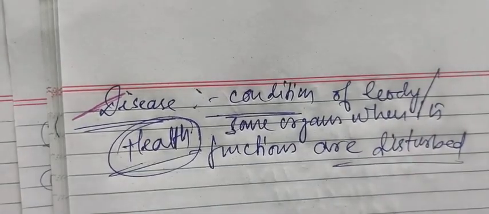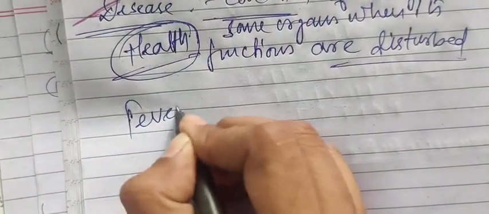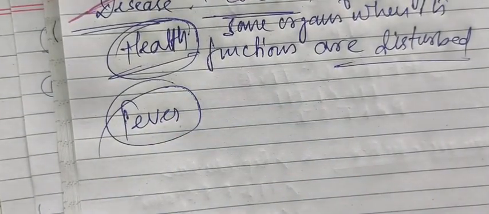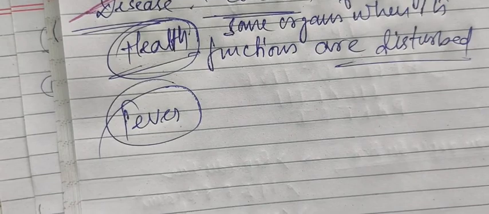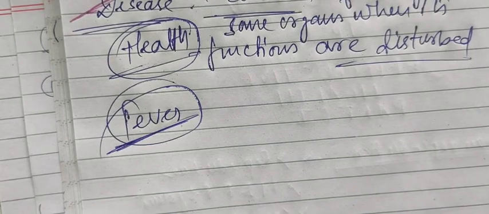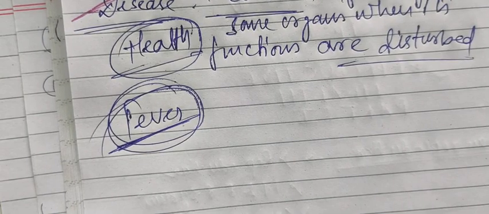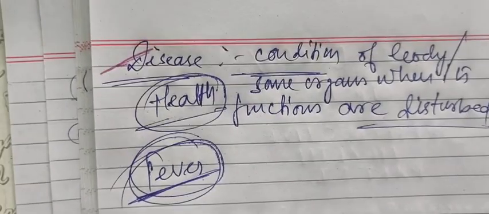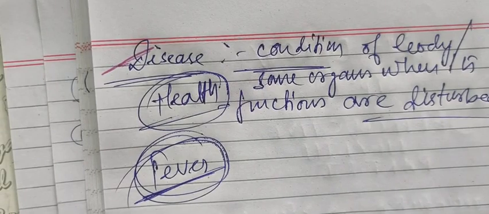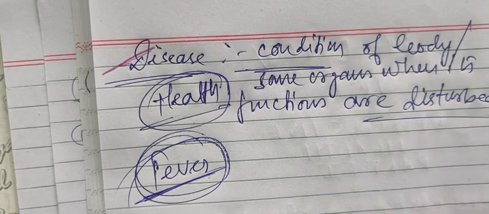Suppose I am having fever. Fever is also one disease. Actually fever is not a disease, fever is the symptom of any disease. But let's take that fever is a disease. So suppose I am having fever. What does it mean? That I am not well mentally and not well physically. Some organs are affected: headache, runny nose, sneezing, all those symptoms will be there.